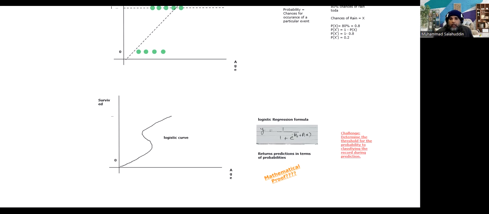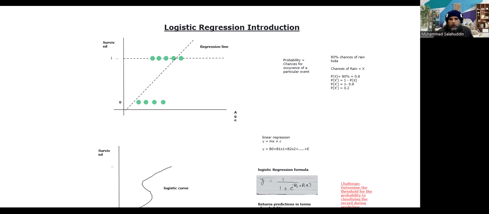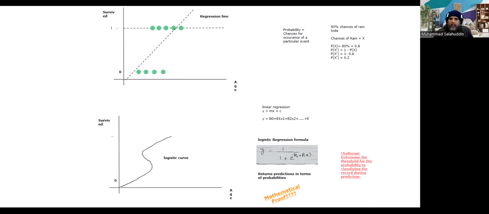Now, we have seen that we are still using the same plane, and the only problem is that we cannot draw the line, right? So if we have this data set and we want to build a function that can derive a non-linear relationship for this kind of data set, we use the logistic function. What the logistic function does is use the probability distribution and convert the outcome into a probabilistic form.